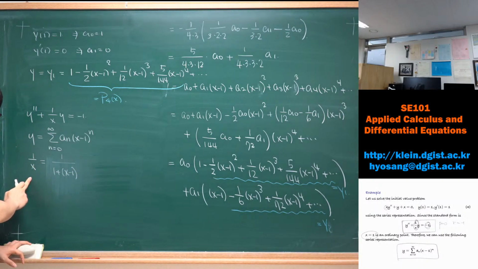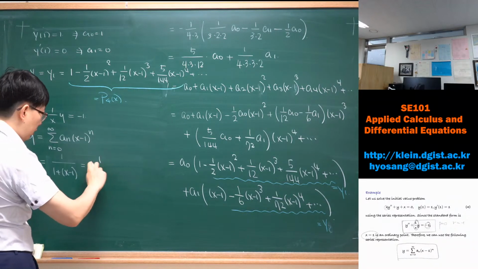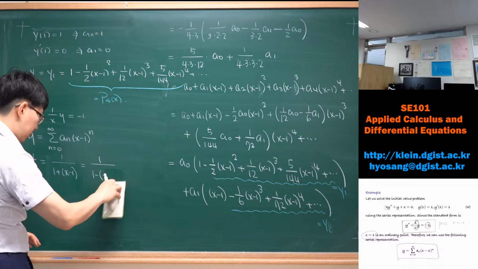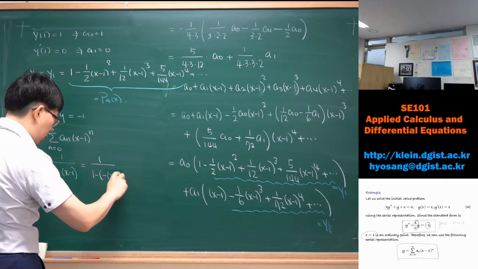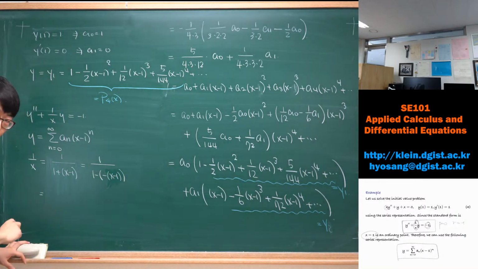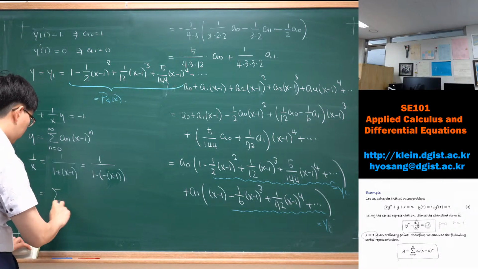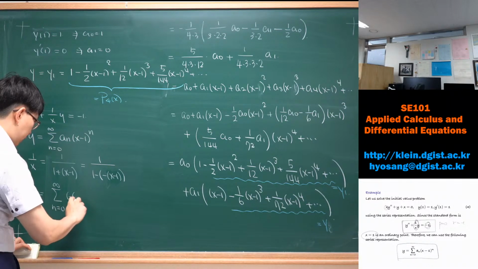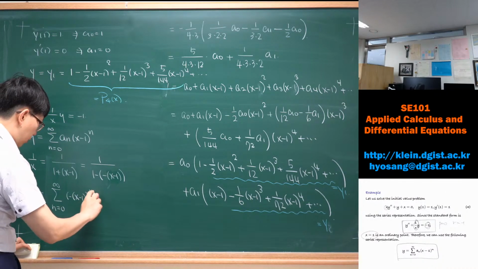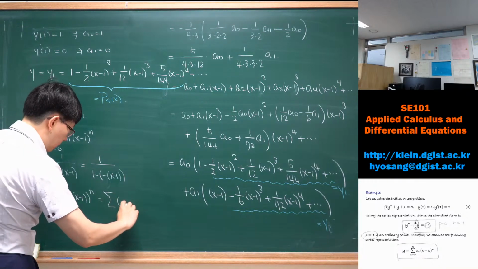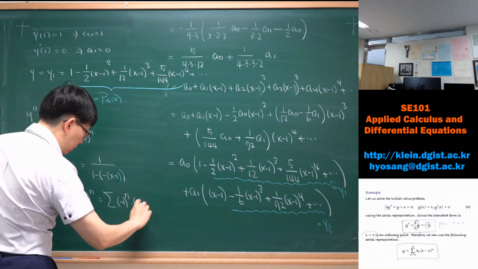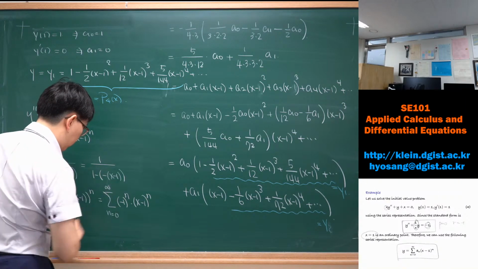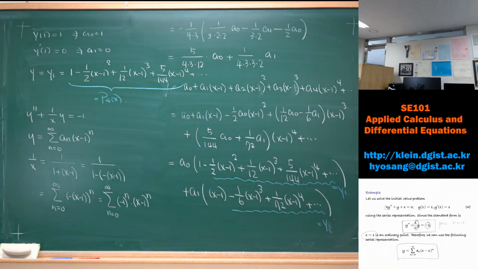So you can rewrite your function 1 over x as this formula, and then this is 1 minus (1 minus x)... 1 minus, x minus 1. Therefore, you can use the geometric series, which is the sum from n equals 0 to infinity of minus (x minus 1) to the power of n. So therefore, this is minus 1 to the power of n times x minus 1 to the power of n, n equals 0 to infinity. Okay.